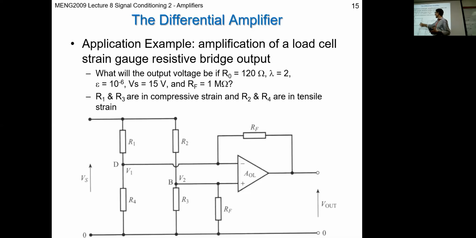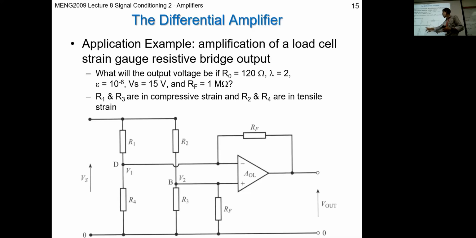So as the load applies, you're going to get a falling voltage here and a rising voltage here. The voltages at V1 and V2 are moving by equal magnitude in opposite directions, so you're doubling the difference between them. That's one of the characteristics of how you configure a load cell. We get a nice little amplification effect by doing that.